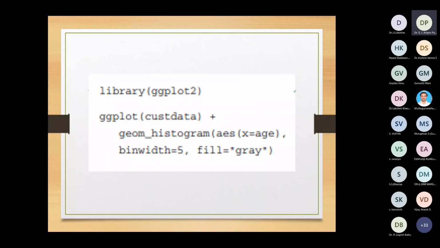Just a minute. I told you that by using ggplot2 you can visualize your data to identify the problems. We will be exploring more about the data. You see this, first you need to install the package ggplot2. Then use library(ggplot2). Then ggplot of customer data. I told you that the ggplot function contains 2 parameters.